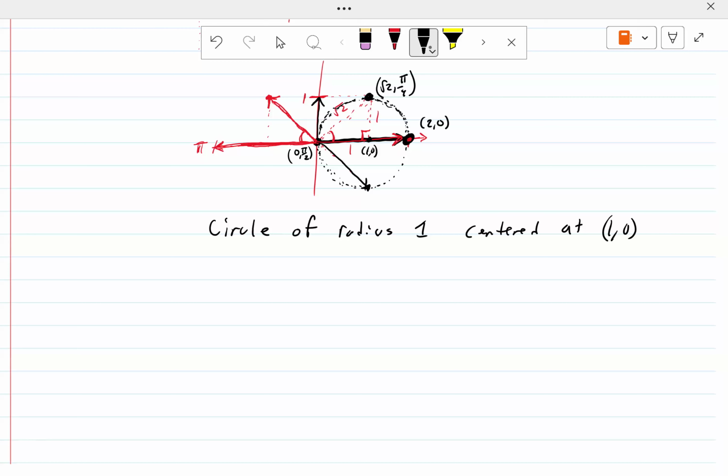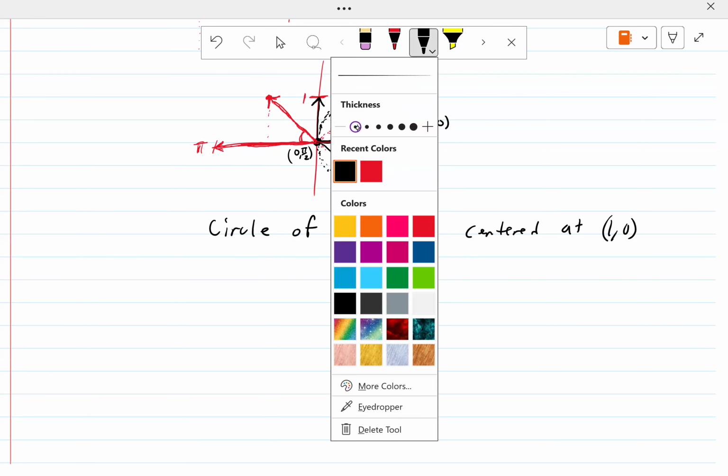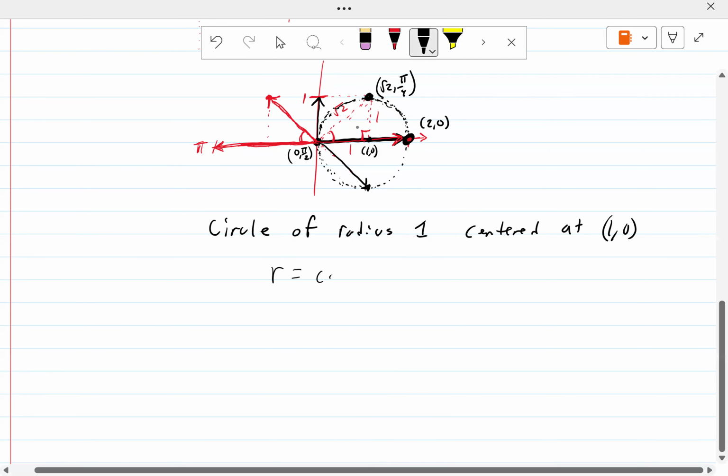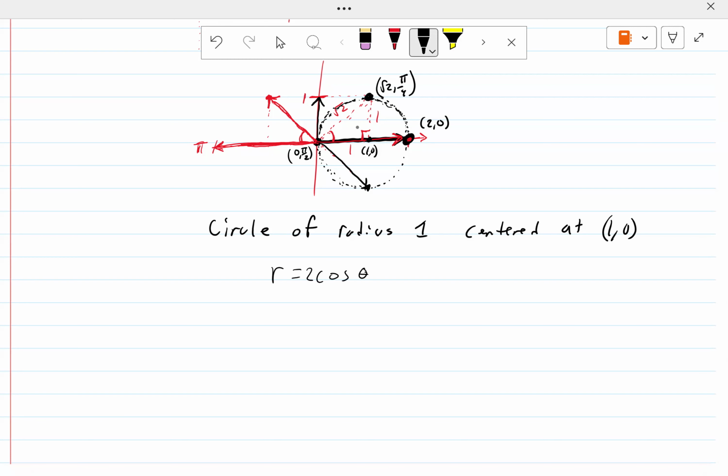Okay, so let's show that that is true even in rectangular coordinates. The polar equation that they gave us was r is equal to 2 cosine theta. But how do we change this to x and y? Well, we know that x is equal to r cosine theta.